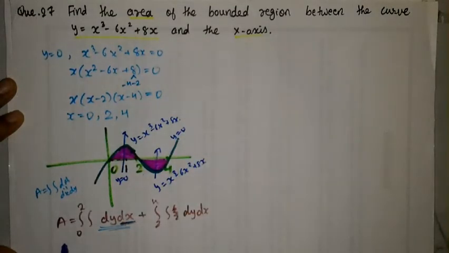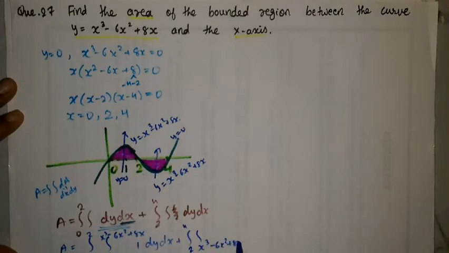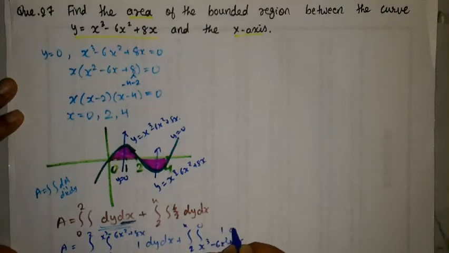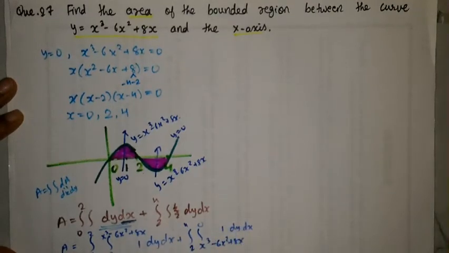So we can write area is equal to integration from 0 to 2, limits from 0 to x cube minus 6x square plus 8x, 1 into dy dx, plus integration from 2 to 4, and its limits are from x cube minus 6x square plus 8x to 0, 1 into dy dx. Now integration of 1 with respect to dy is y.